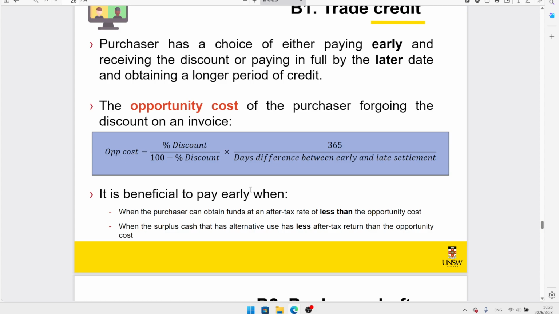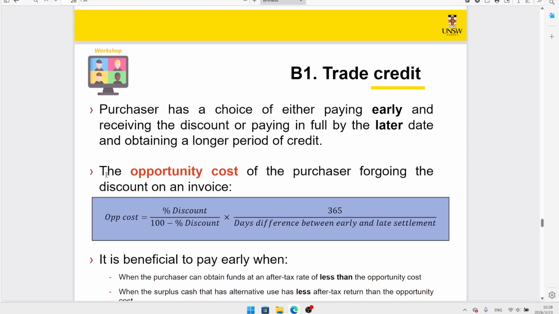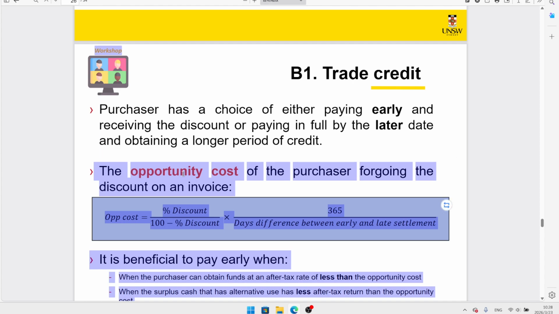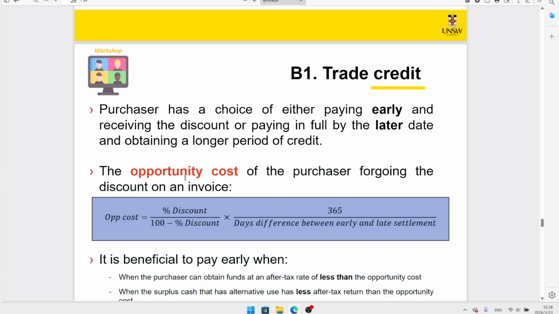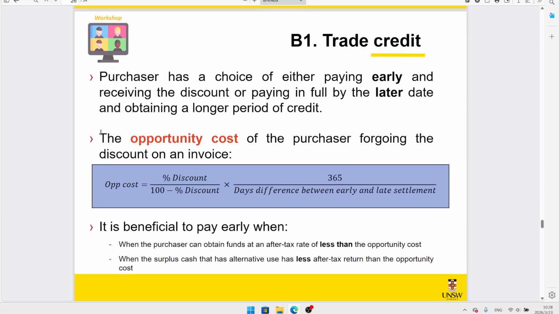It is beneficial to pay early when the purchaser can only find funds at an after-tax rate less than the opportunity cost, or when the surplus cash has an alternative use with less after-tax return than the opportunity cost. Actually, I don't fully understand this. In our last lecture, our professor said she would discuss this in the workshop, but I missed the workshop, so I need to make it clearer.